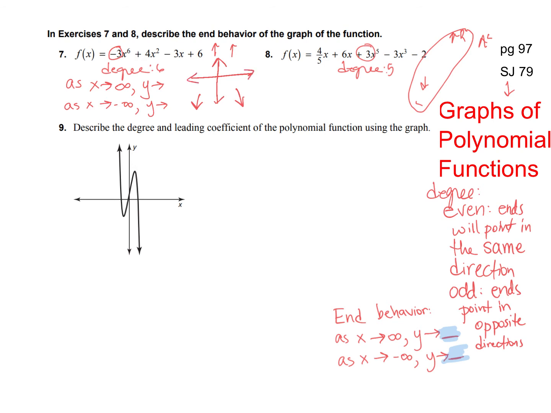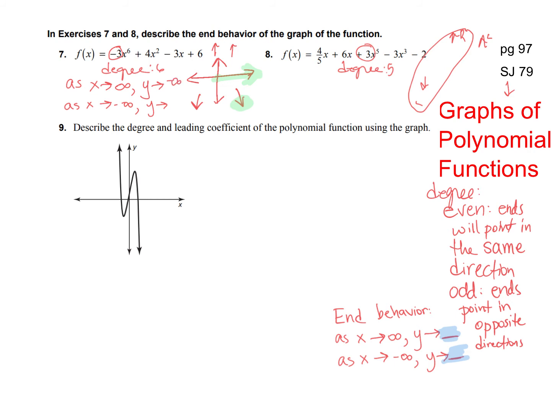So let me show you what this looks like with a highlighter. As x approaches positive infinity, so that's what that green arrow is doing. What's the end of your y doing? Is it approaching positive infinity or negative infinity? That would be negative infinity.